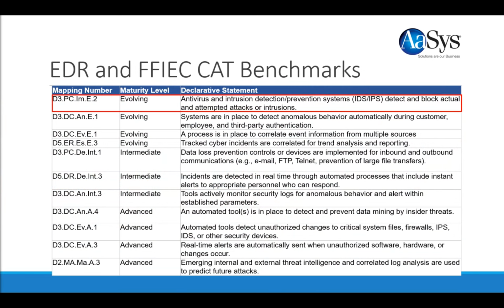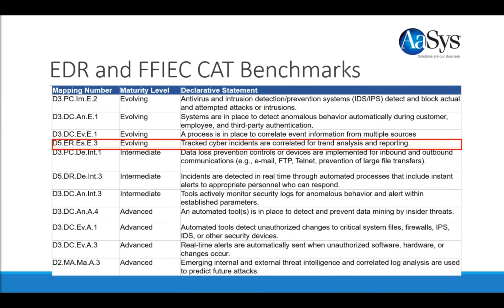Now, I don't want to suggest that endpoint detection and response is the only way to satisfy these components. It's not. However, it is an efficient way to satisfy these components. And as you can see, it satisfies a lot. For example, look at the fourth item.